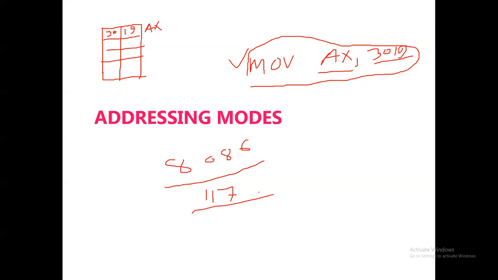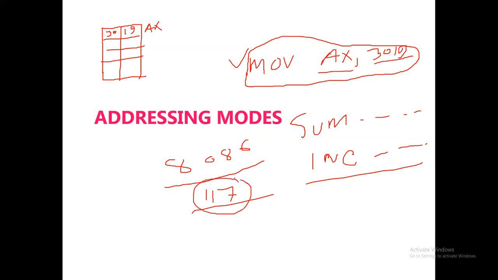Suppose MOV is one instruction, ADD is another, INC, increment, is another. So the total is 117 instructions. Clear?